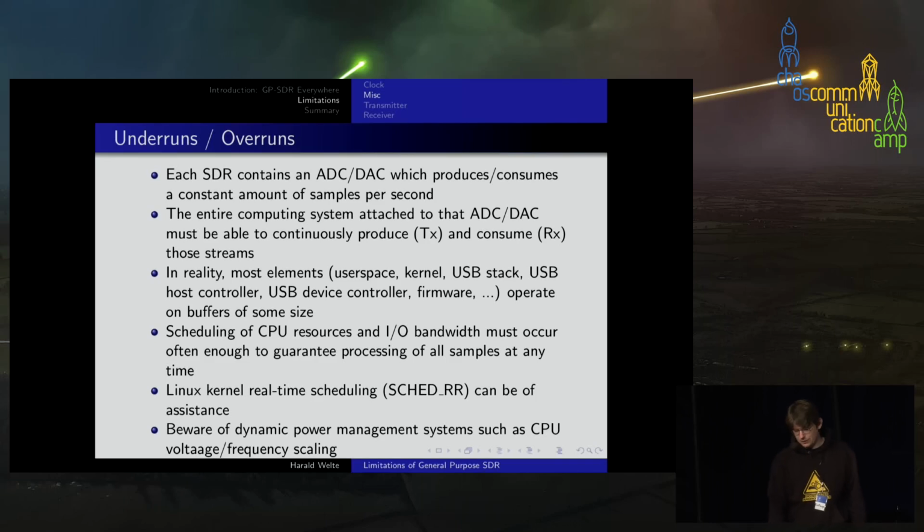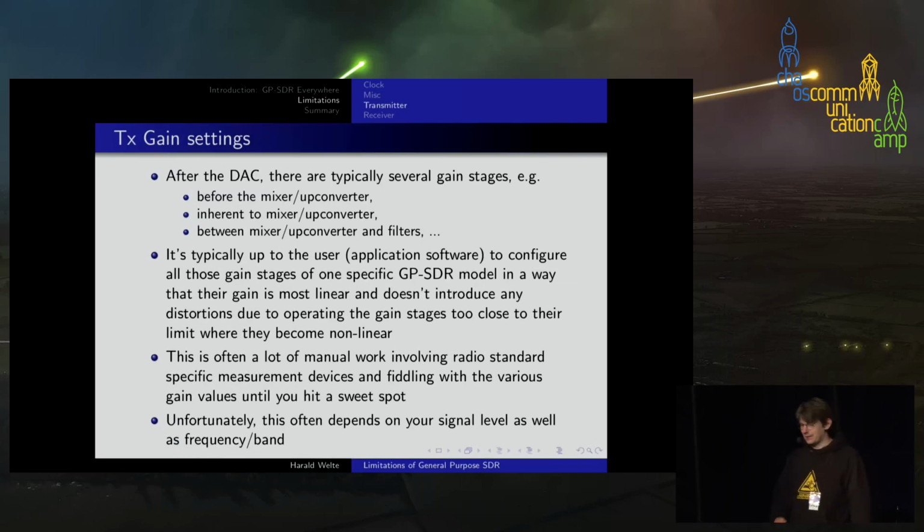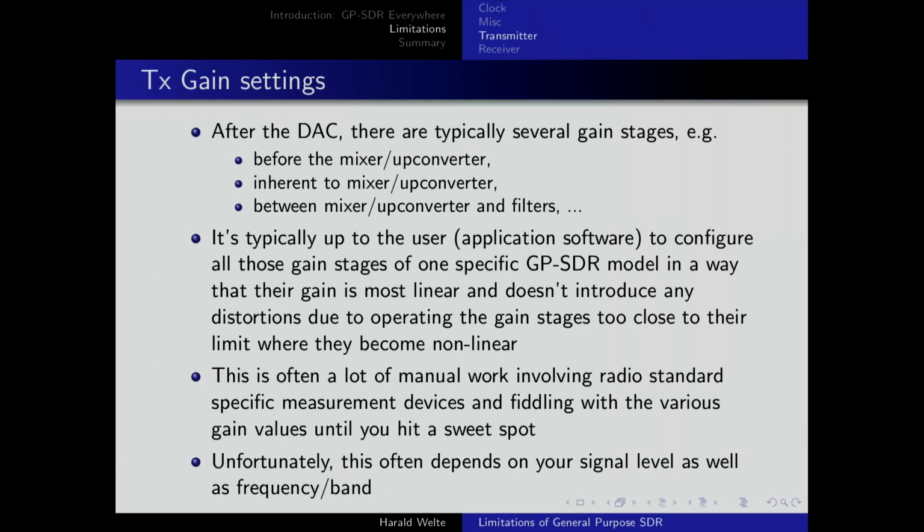And also, we see problems from BIOSes sometimes, where, let's say you attach an external screen, and then some system management code on an x86 box tries to do something, and meanwhile you're dropping millions of samples, right? Or you put your system into a docking station, or you attach a power supply, and then something happens deep down in system management mode that interrupts your normal processing, and again, some samples are gone, and you get overruns and underruns.